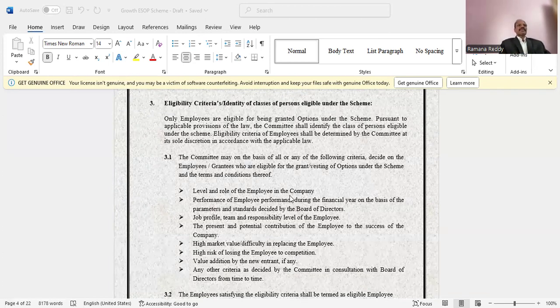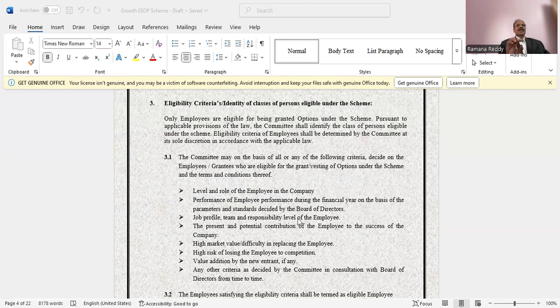So the committee may, on the basis of all or any of the following criteria, decide on the employees. That is called grantees. Grantees are nothing but employees who are eligible for the grant, first grant, next vesting, and next exercise.